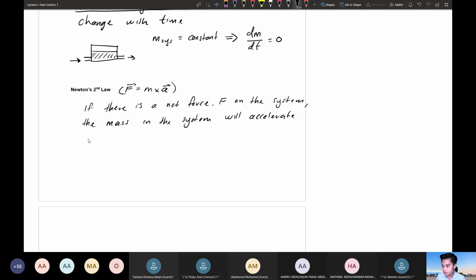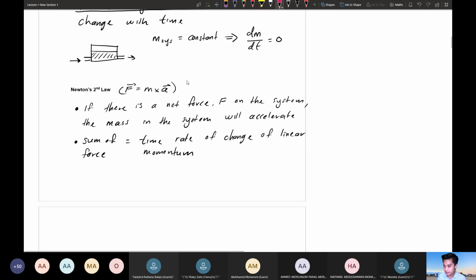So the summation of force, the sum of force, equals the time rate of change of linear momentum. Okay, this is point number 1, this is point number 2.